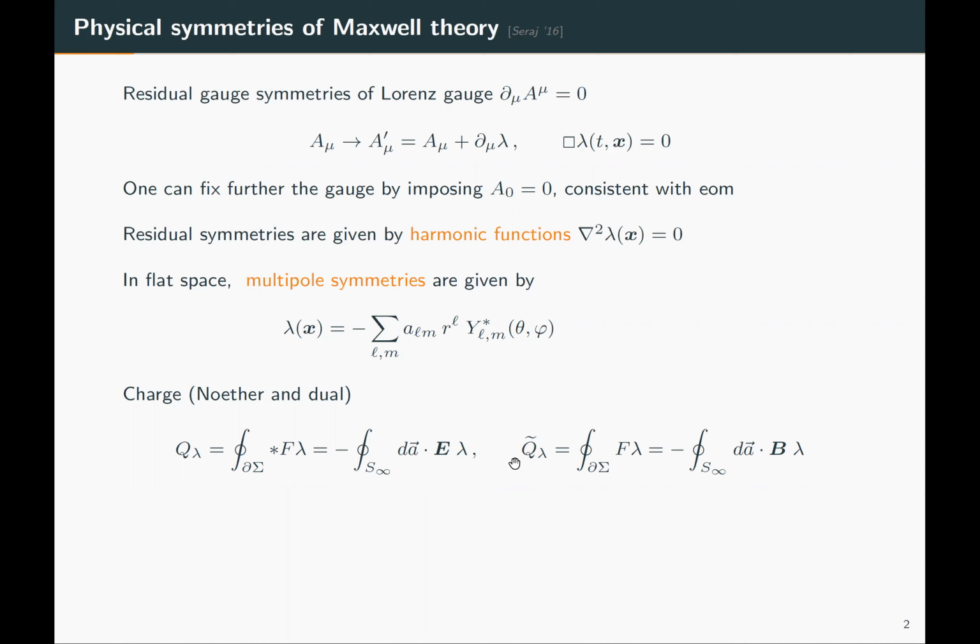And if you have a duality invariant formulation of the theory, you will have both charges at the same time. Now you can compute the charges corresponding to these multipole symmetries, and these are the definitions. So Q_{lm} is the charge of this lambda_{lm}, which is r to the l by Y_{lm}.